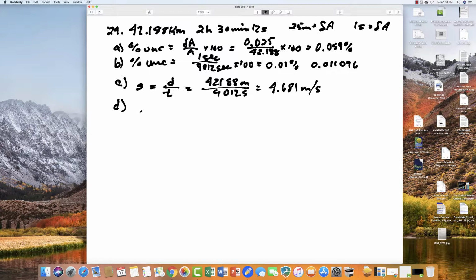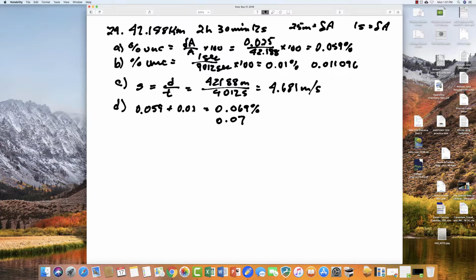So what you would do is add the 0.059 and the 0.01, and you'd get 0.069% uncertainty. And then it says what is the uncertainty, so it's not the percent uncertainty, but the uncertainty. If you take that 0.069, because this is one significant figure, it's 0.07.